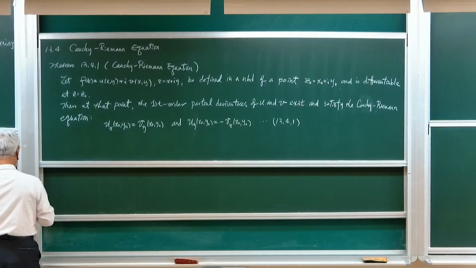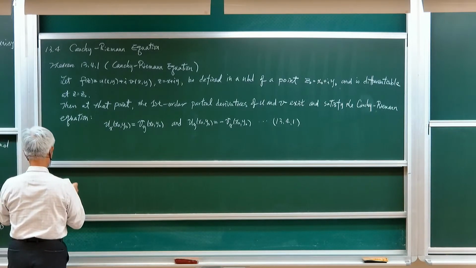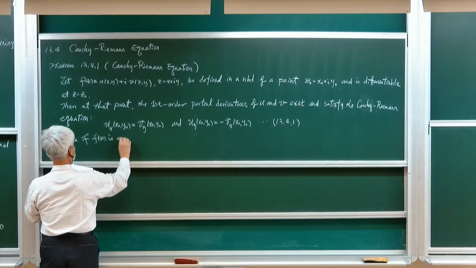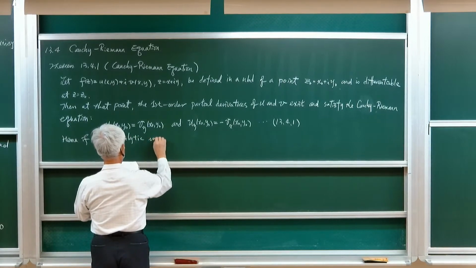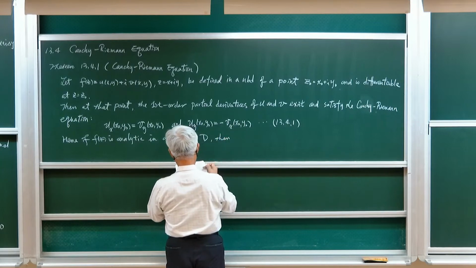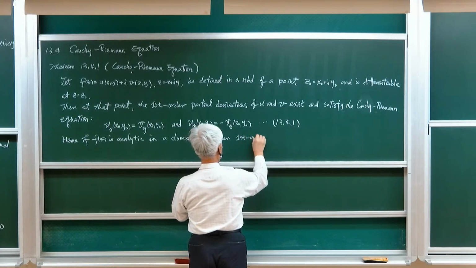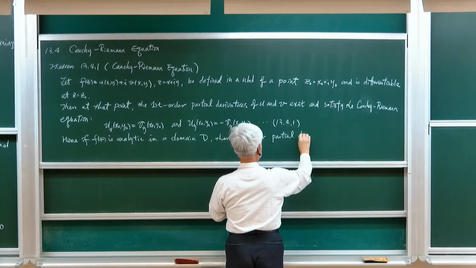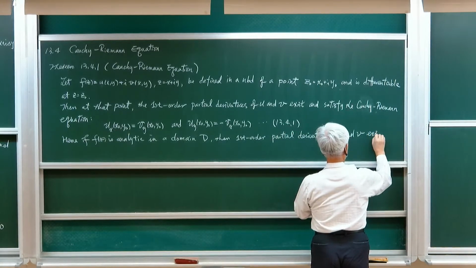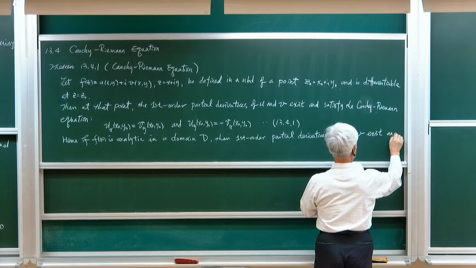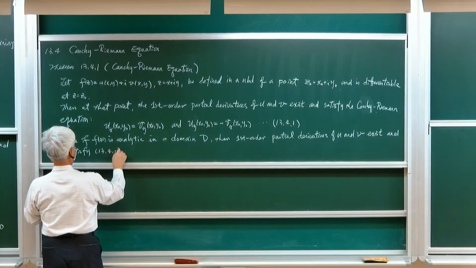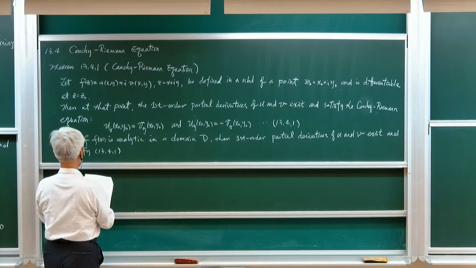And hence, if f of z is analytic in a domain D, then the first order partial derivatives of u and v exist and satisfy the Cauchy-Riemann equations.